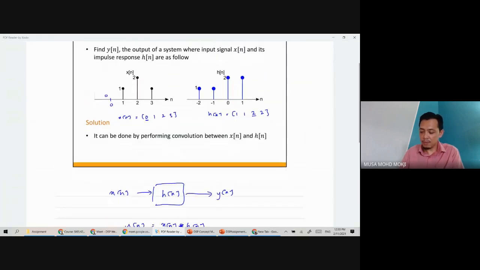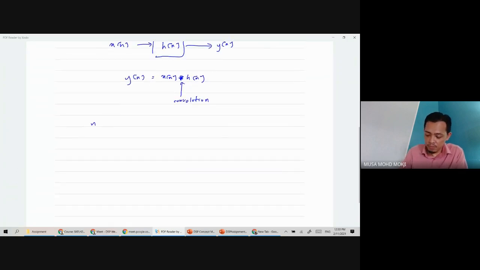It starts from the lowest n, which here is -2. So maybe we can start with -2, and then we have -1, 0, 1, 2. If you want to proceed, you can put 3, 4, 5, 6 until whatever is sufficient.